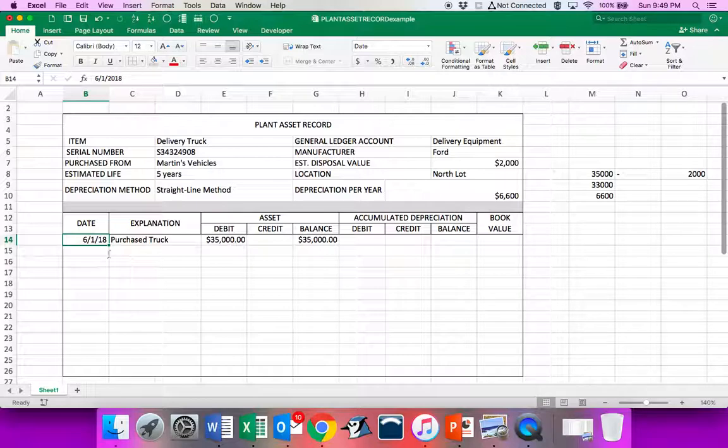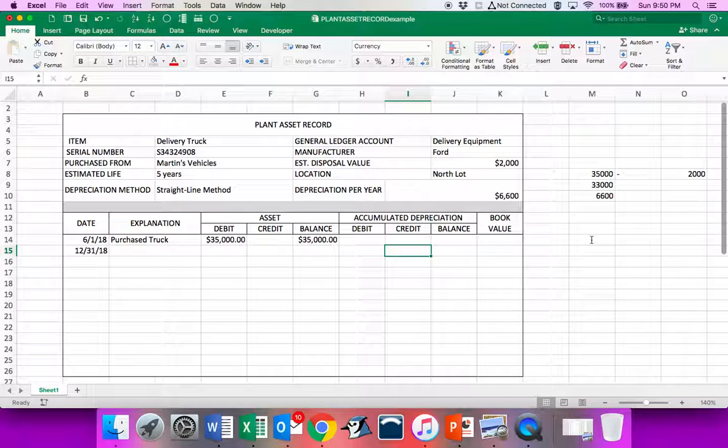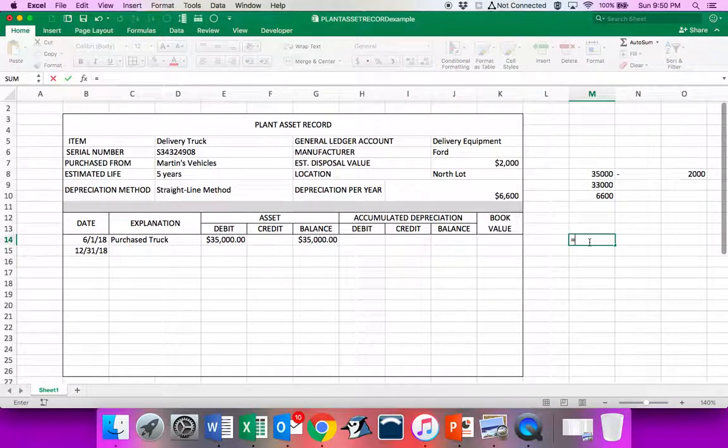So the first year, when we go to record our depreciation at 12/31/18, we have to record our current depreciation for 7 months. To find that, we take the annual amount of 6,600 and multiply it by 7 months divided by 12, and then hit enter.